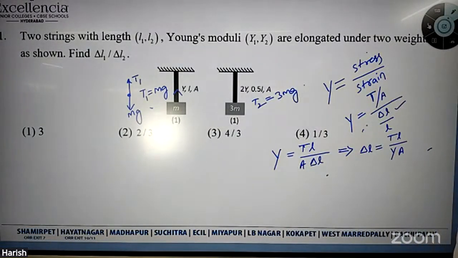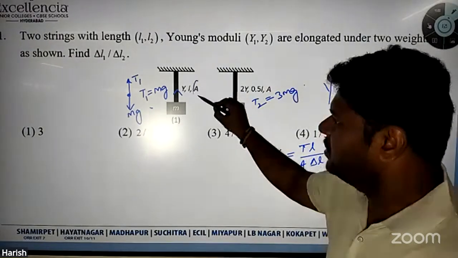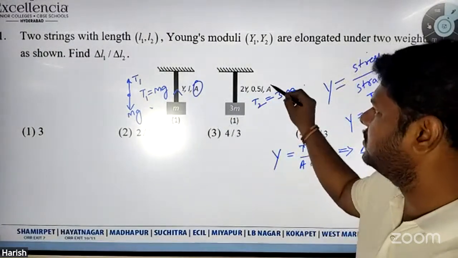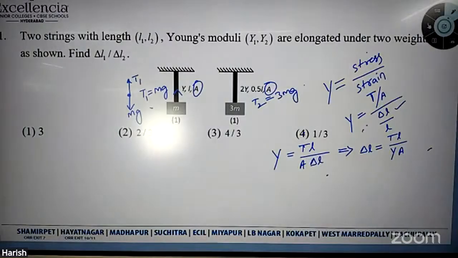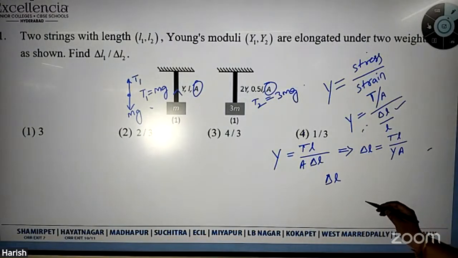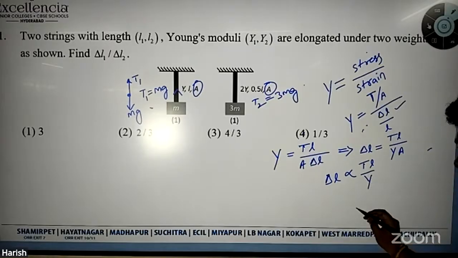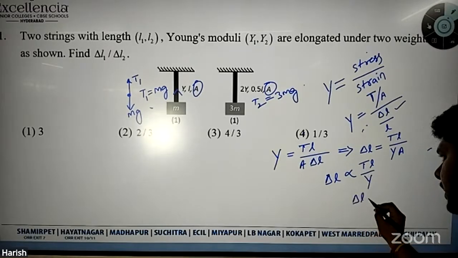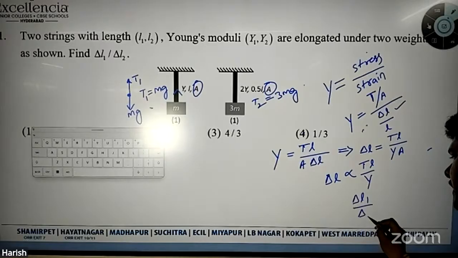Okay. So they have the same area of cross section. You can notice that A is the same for both. So from this equation, I can say delta L is proportional to T L by Y. So from this, can I find delta L1 by delta L2?